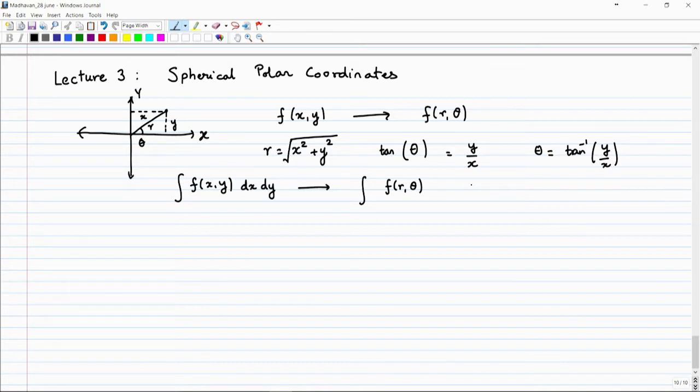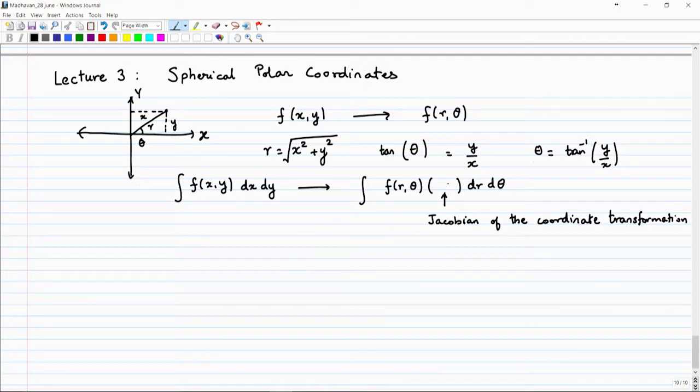So we will have dr d theta, and you will have some object here which is called the Jacobian of the coordinate transformation. So what is this Jacobian?